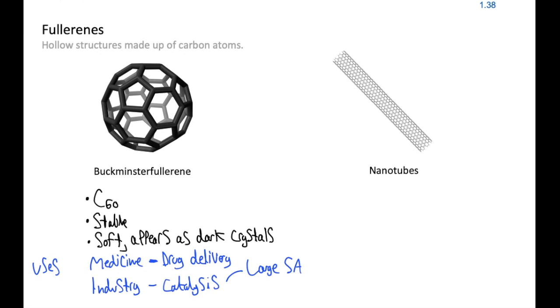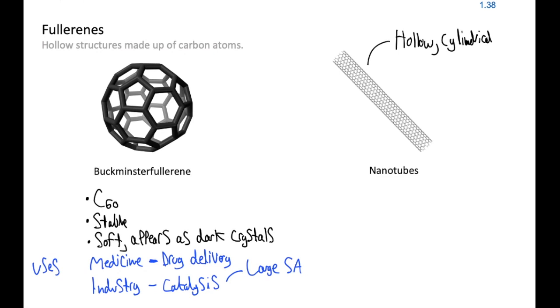If we go to nanotubes, which, as the name suggests, are essentially hollow cylindrical tubes, the carbon atoms arrange themselves in hexagonal shapes in this case. Something to be said about nanotubes is that the ratio between the length and diameter is very high.